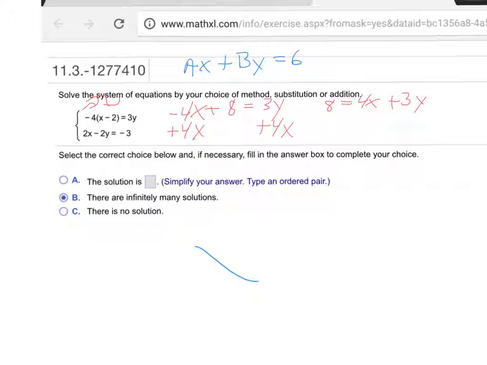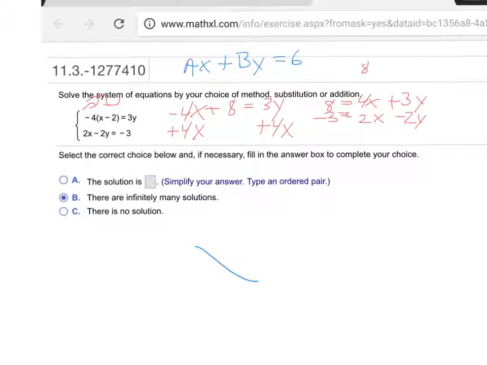And then I've got that 2x minus 2y, so 2x minus 2y equals a -3. So my thought here is we can either eliminate the x's or the y's. We can either go for 8, and I need an opposite sign then.